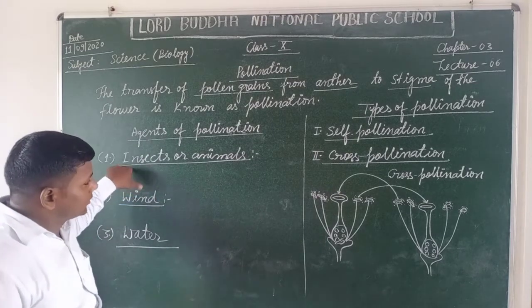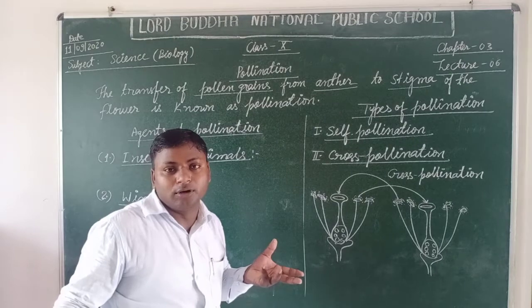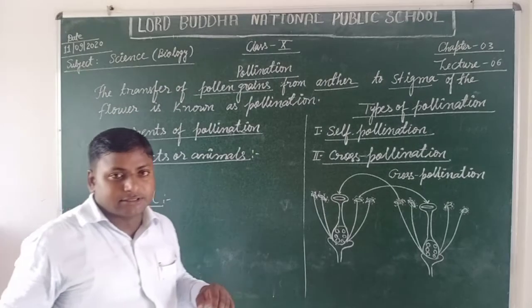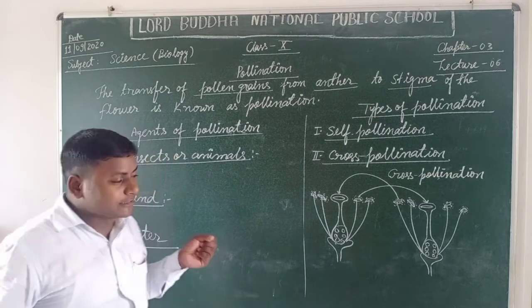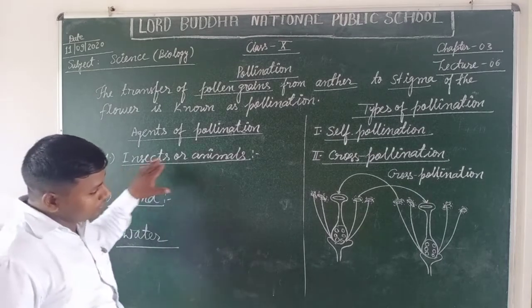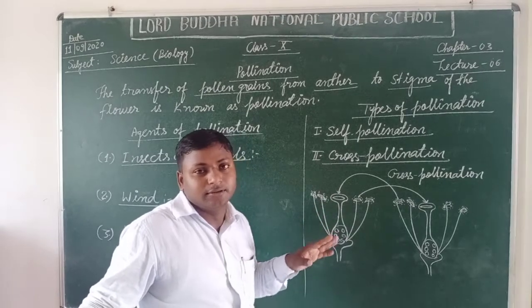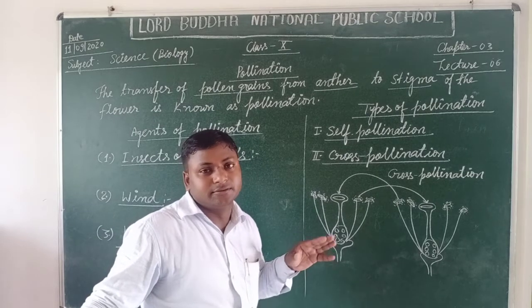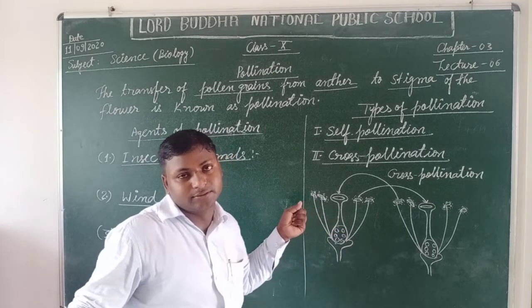Students, the flower bears a brightly colored second row, that is called petals. Due to the bright color of the petals, the insect gets attracted towards the flower for sucking nectar. And when the insect sits on the stigma of the flower for sucking the nectar, then these pollen grains get stuck on the legs or appendages of the insect as well as on their wings.